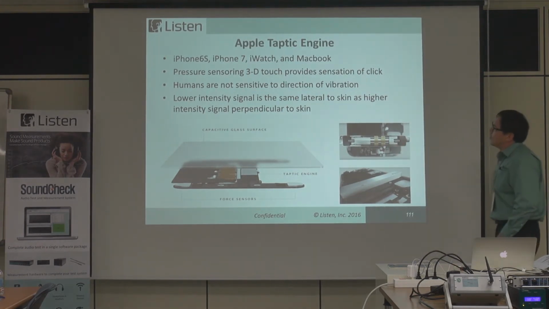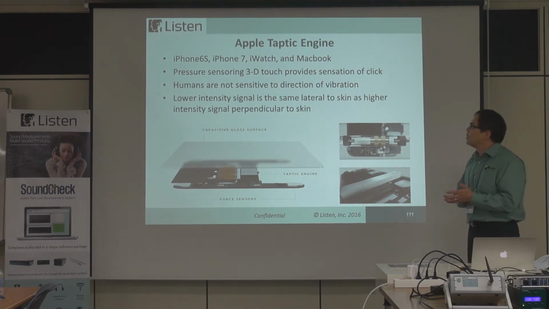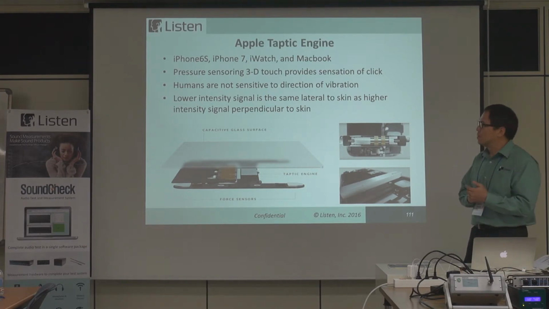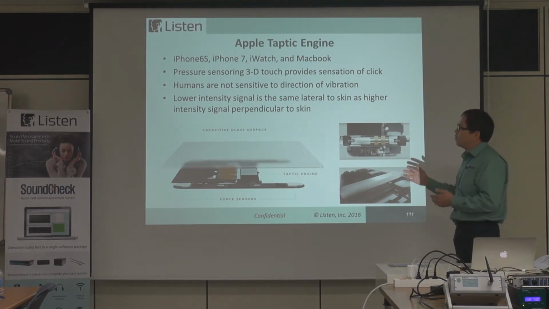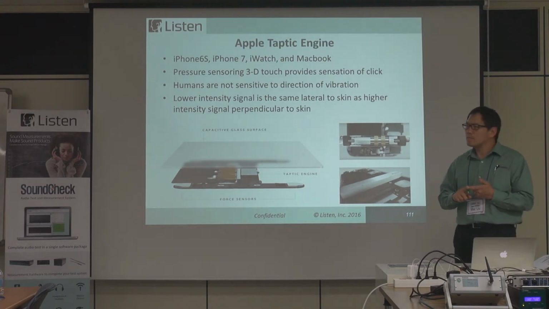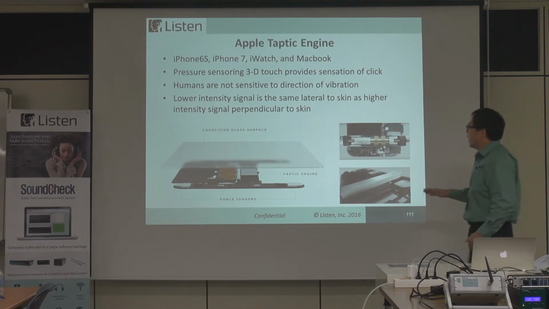And what's interesting here is we're actually not sensitive to which direction the vibration is taking place. So let's say the shaking is perpendicular to our skin. We can actually tell if it's perpendicular or lateral.